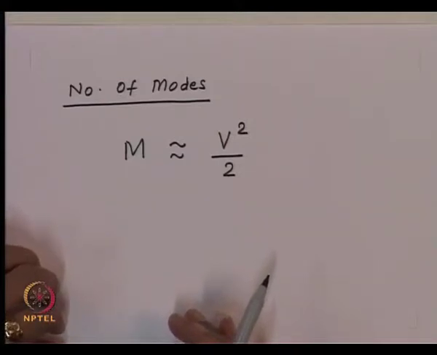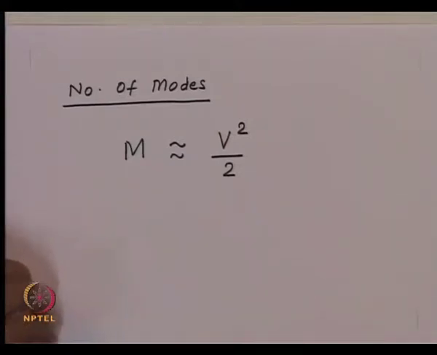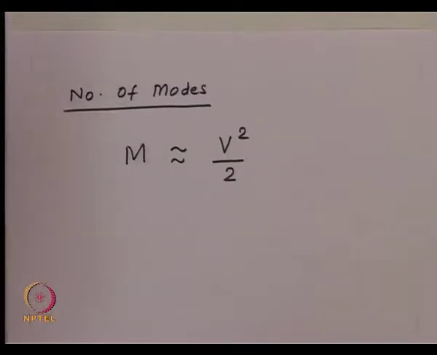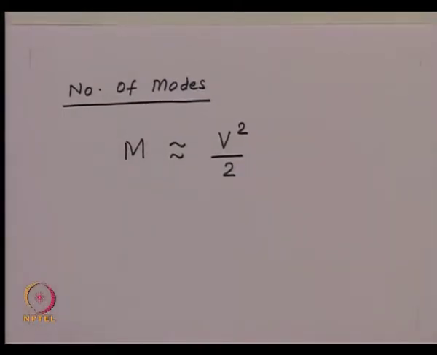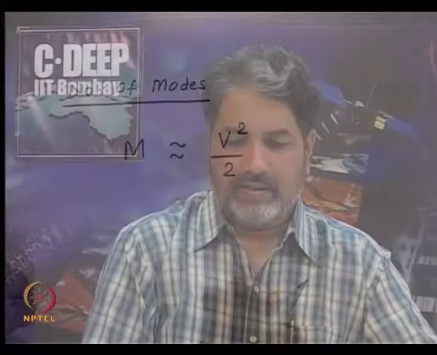So, if I consider an optical fiber with V number, let us say some 10, this will be 10 square, which will be 100 divided by 2. So, you will get about 50 modes propagating on the optical fiber. Of course, this relation is not valid when the V number becomes very small. So, if I take a V number of 2 or 2.5, then this relation will not be valid. So, this relation is valid when the V number is much greater than 1.